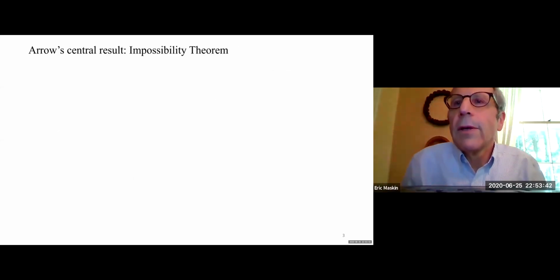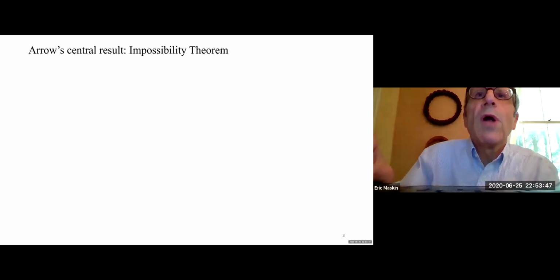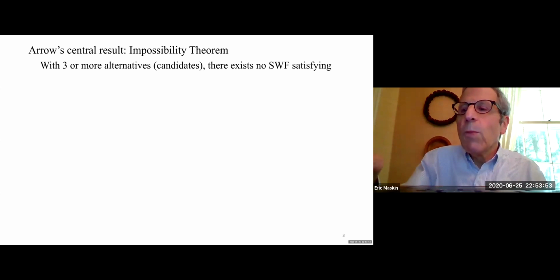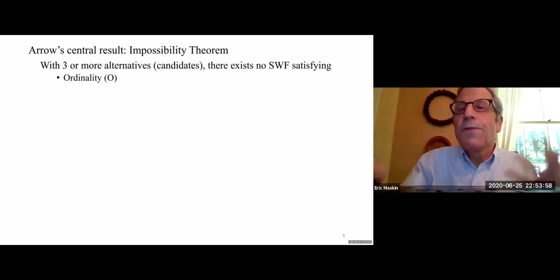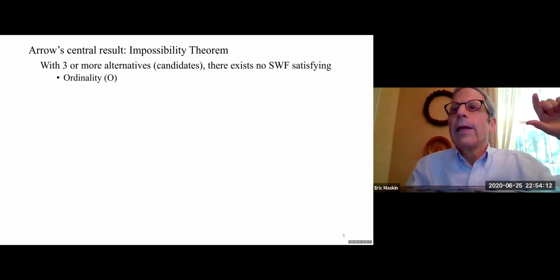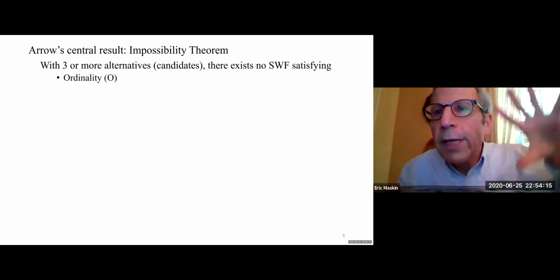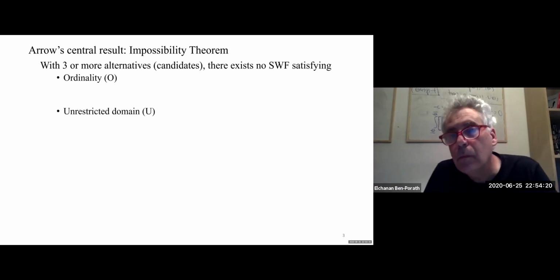Now, you all know that the central result that Arrow derived was an impossibility theorem. If there are 3 or more alternatives, there is no social welfare function which satisfies the following axioms. Now, one was not explicitly stated by Arrow, but it's implicit in the formulation, which is ordinality. Arrow allowed individuals only to send in their ordinal rankings and not any additional information.